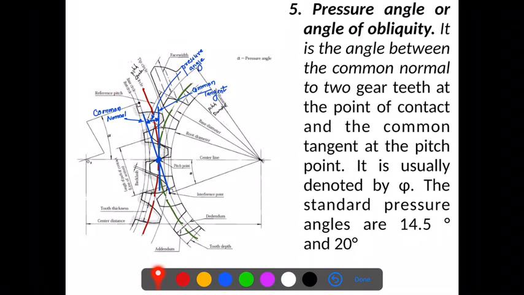Now what does this mean? If you look, we have two gears meshing with each other. This pitch circle shown in red is the pitch circle for one gear, and this one shown in green is the pitch circle for the other gear. These two pitch circles meet at one point, and this is called the pitch point. Now if I draw a common tangent to these two pitch circles, this is a common tangent.